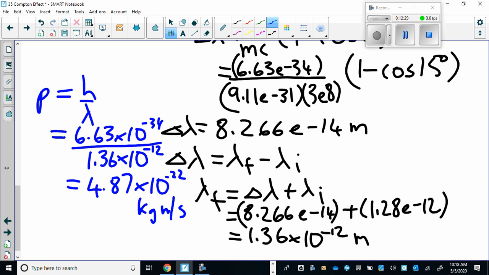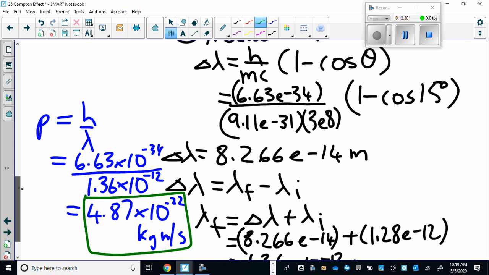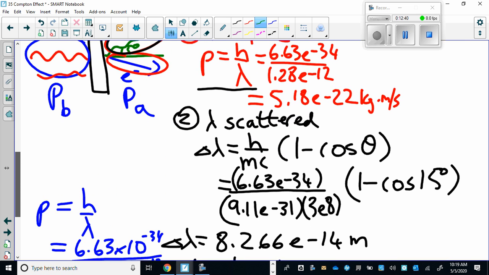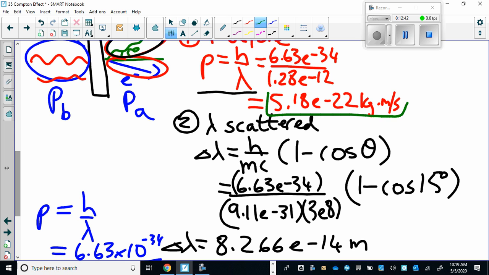So let's just take a minute and see what we've calculated. We've calculated the momentum of the scattered ray. We calculated the momentum of the initial ray.